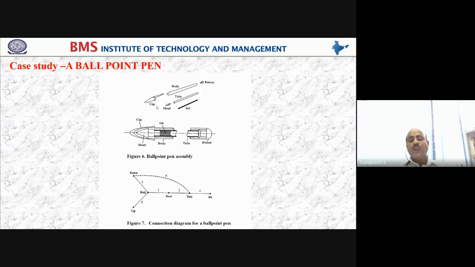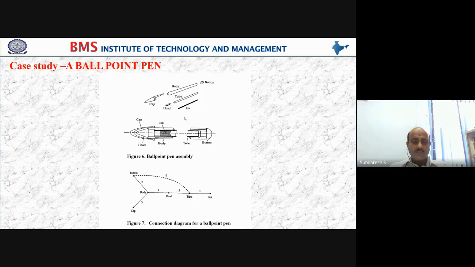Now I have taken a very simple ballpoint pen. This is one simple case study I'm discussing. The ballpoint pen will have a cap, then head, ink, tube, body, and a button.